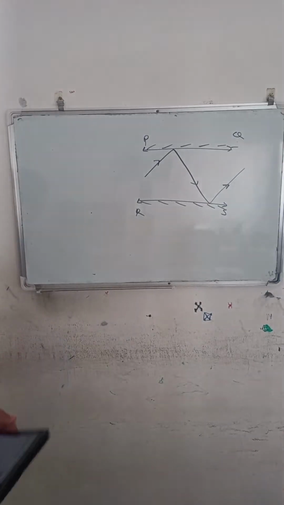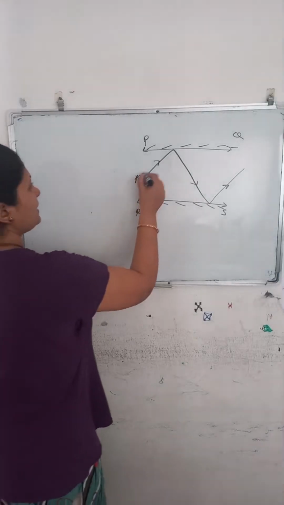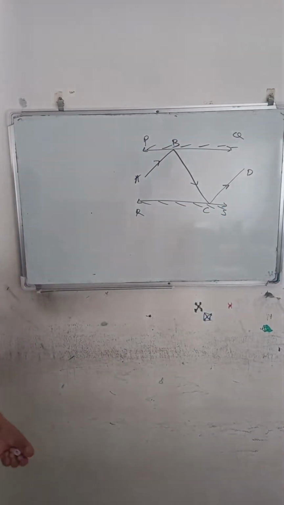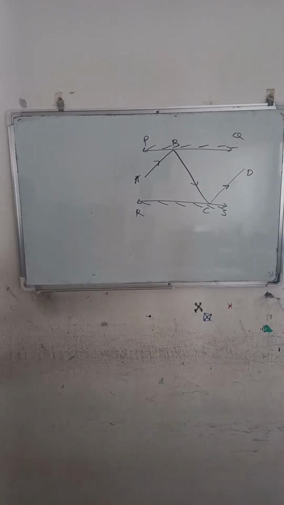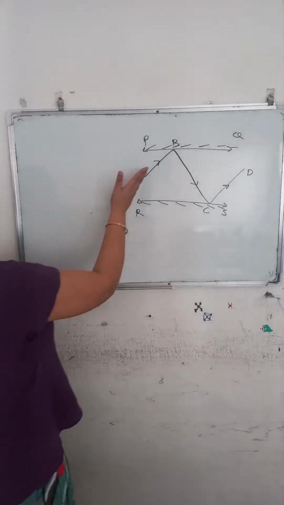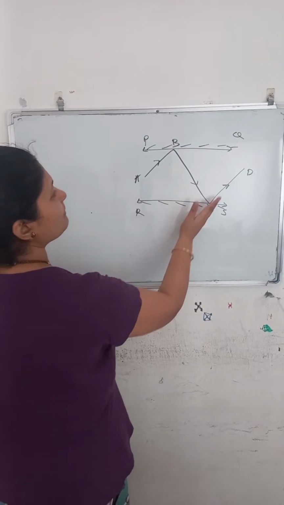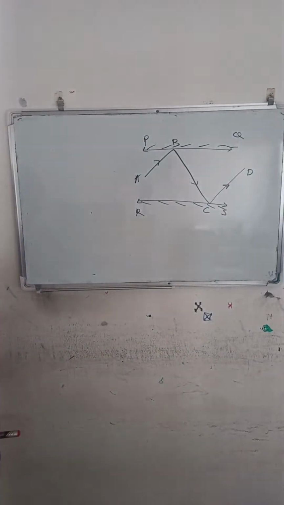Only this much is given, and apart from that nothing is given. These names are also given: A, B, this is C, D. So now here this line strikes this mirror, gets reflected, and again gets reflected from the second mirror.